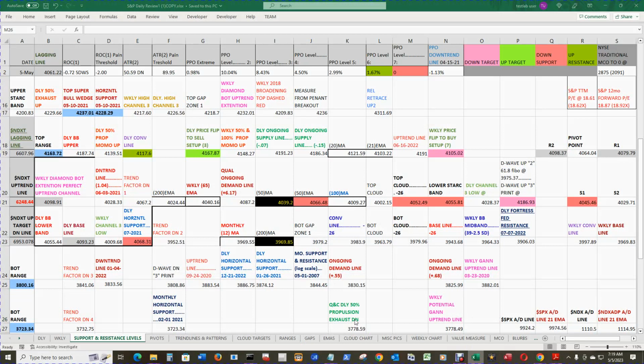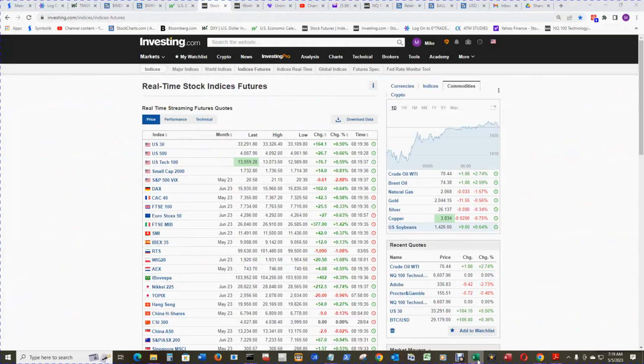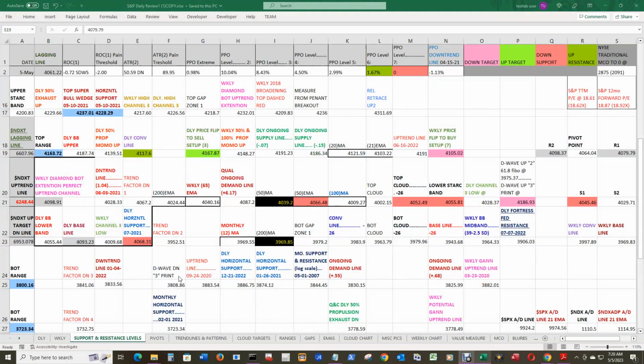The S&P 500 support and resistance levels big board chart shows the gray areas at the daily baseline, the weekly diamond bottom extension, perfect uptrend channel's bottom line, R2 and R1, and price in the pre-market hours for the S&P 500 at 7:19 a.m. on the 5th is 40.88.